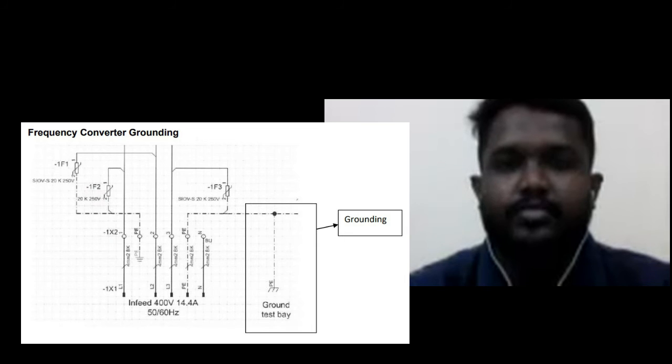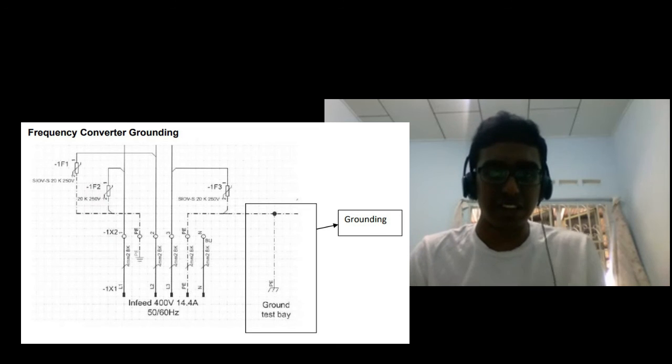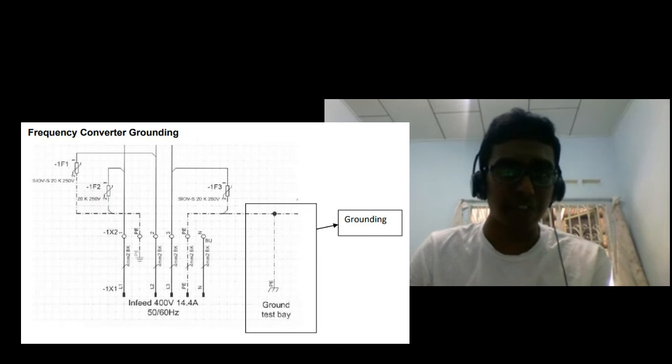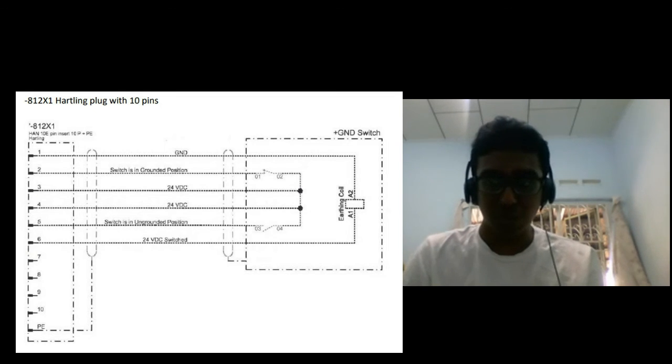Okay, for the frequency converter grounding, the appliances can be used for either 50 Hz or 60 Hz. From the circuit, we can see that it is grounded at the test bay. The FC cabinet has a copper foil connection to connect the cabinet with low inductance to the test area ground. Here below, we can see in the image the ground switch connection, also given that X1 hard link plug with 10 pin.